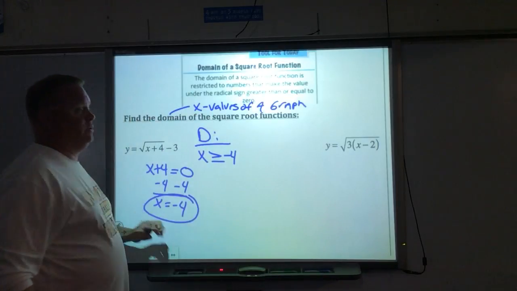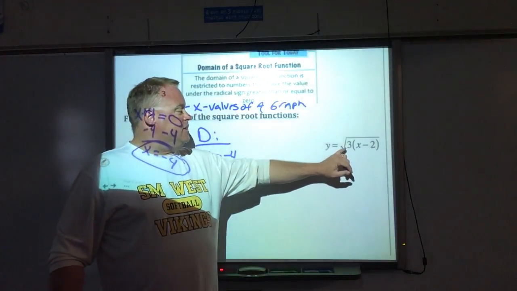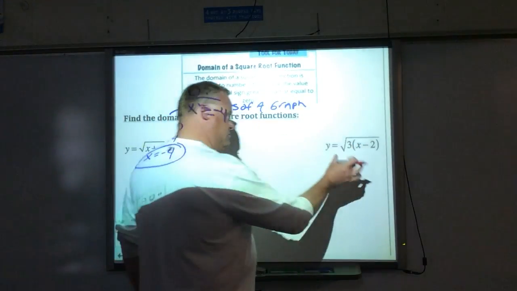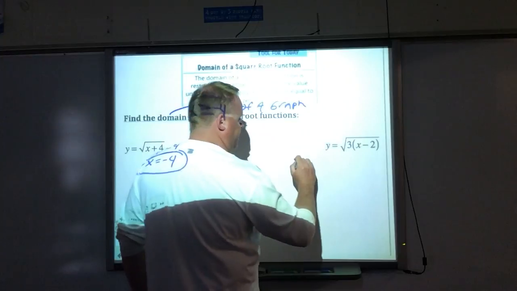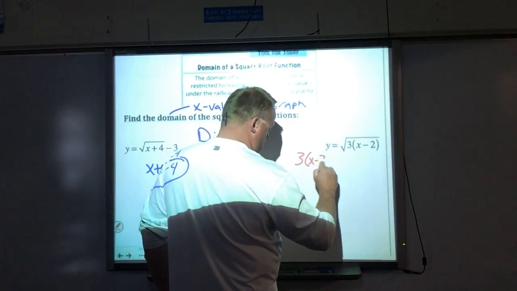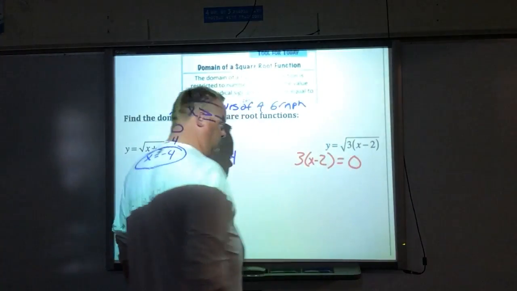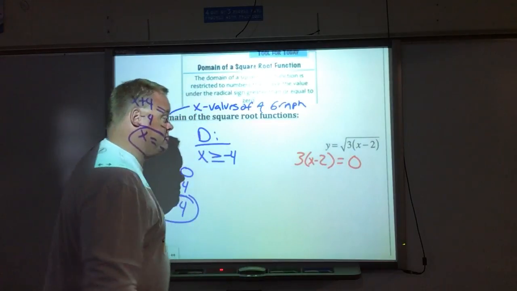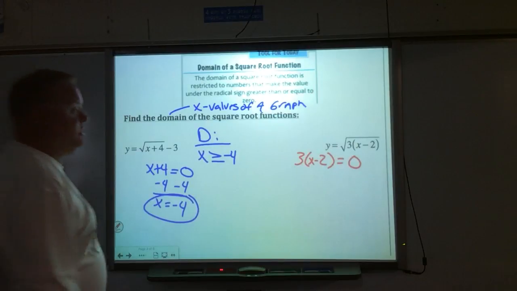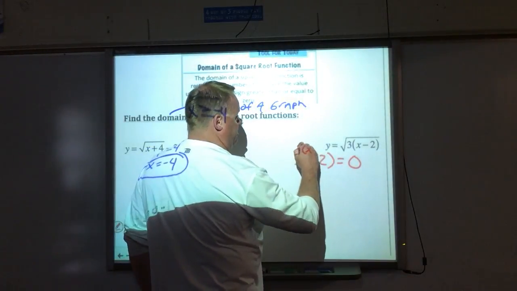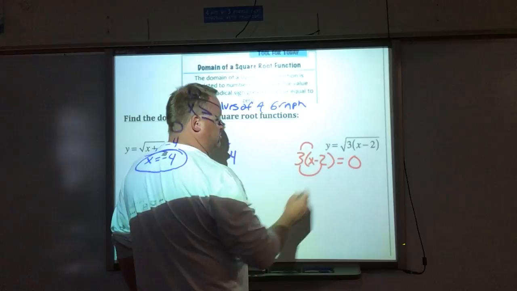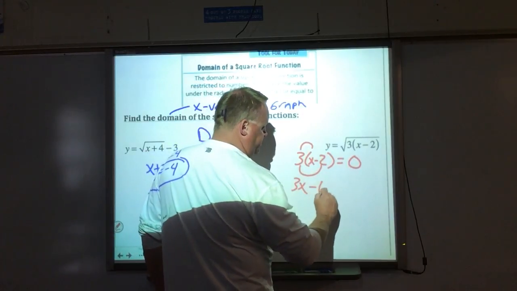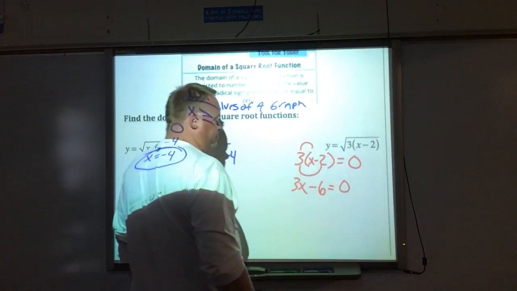All right, let's do the next one. Underneath the radical sign is 3 times x minus 2. Take what's underneath the radical, set it equal to 0. That's my starting point of this graph. I have to distribute: 3 times x is 3x, 3 times -2 is -6, equal to 0.